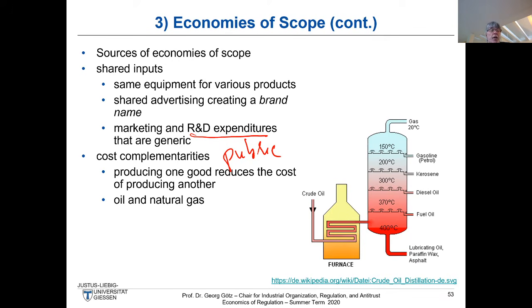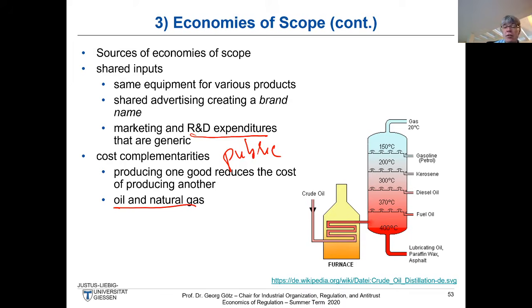Okay. So here you see you typically get oil and natural gas together, and if natural gas is sufficiently expensive and if you care for CO2 emissions, you probably wouldn't burn just the natural gas but try to somehow use it and capture it and then sell it. Okay, so this is from production.